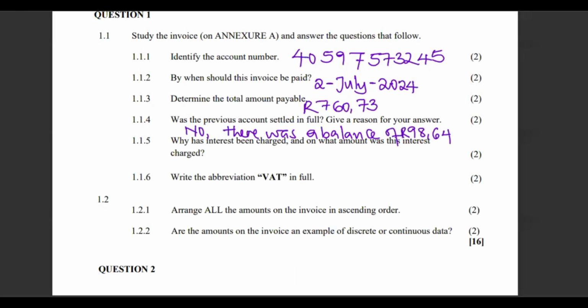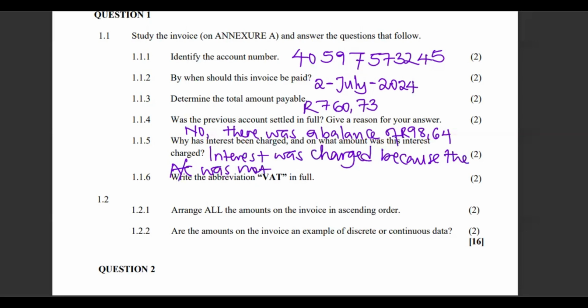Why has interest been charged, and on what amount was the interest charged? Interest is charged because the account was not paid. Interest was charged because the account was not paid in full.